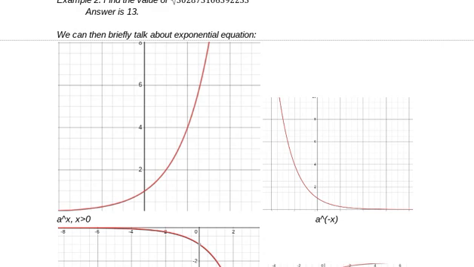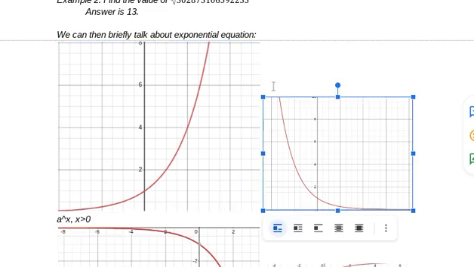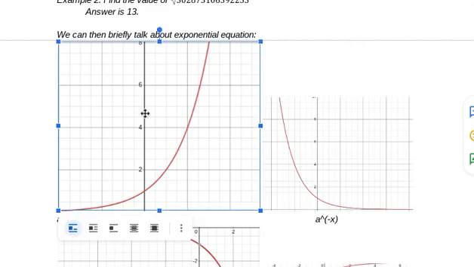So basically you can see there are 4 different conditions. The first one is a to the power of x. This case requires both a and x to be larger than 0. So it goes up, right? Goes up.